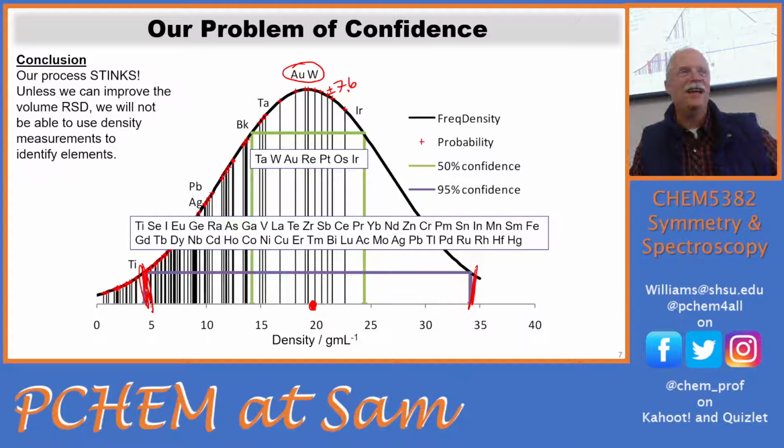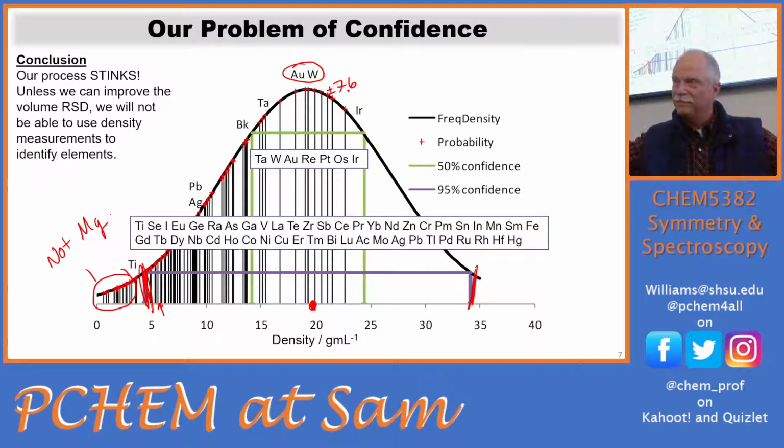If we want to say, all right, I want to be 95% confident, this result could come from any one of these metals. It would be rare for this metal here to give us that value, but it could, with our single measurement and our widths here. But we can say with 95% confidence it's not magnesium.